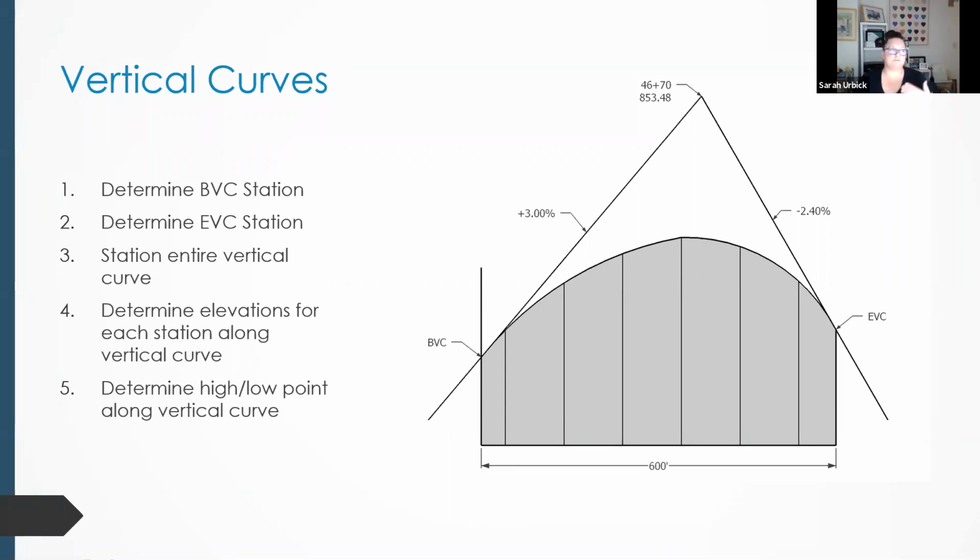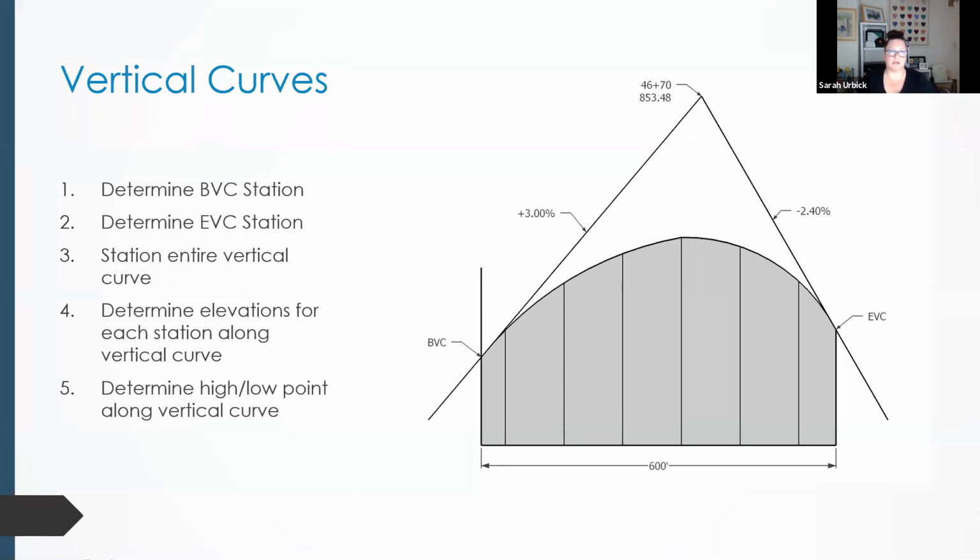Based on our diagrams, we know that that point of intersection is at the midpoint of our distance. So we know that 46 plus 70 is halfway between BVC and EVC. So where does that put us?